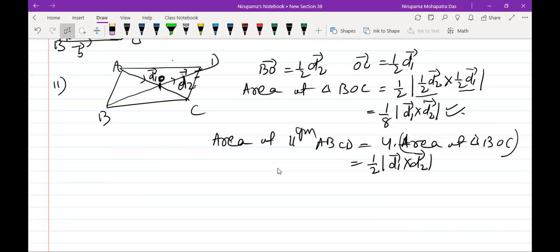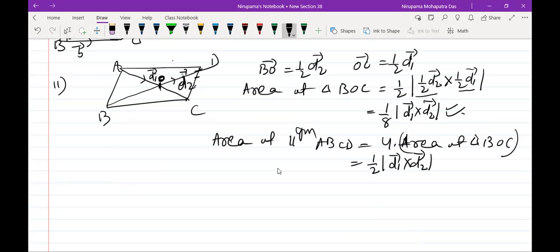In case you are given 2 sides, or from the vertices you can find 2 sides, it is the magnitude of the cross product of 2 adjacent sides. But whenever you are given the diagonals, or from vertices you are taking the diagonals, the area of the parallelogram will be half of the magnitude of D1 cross D2.